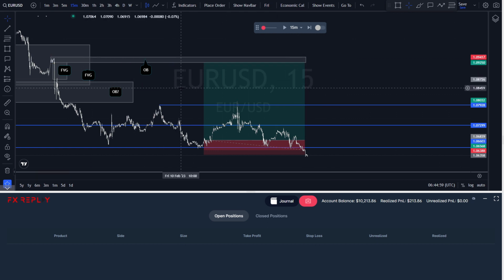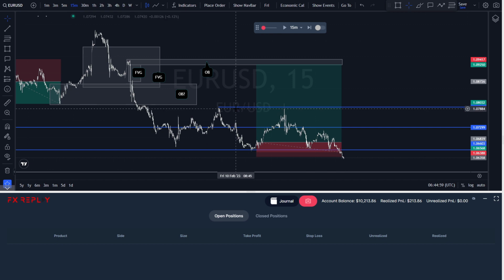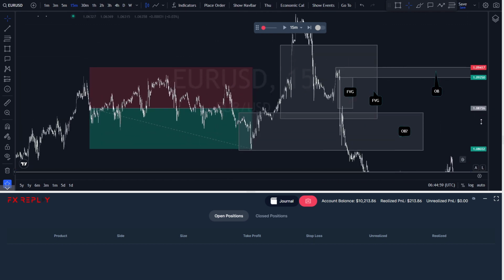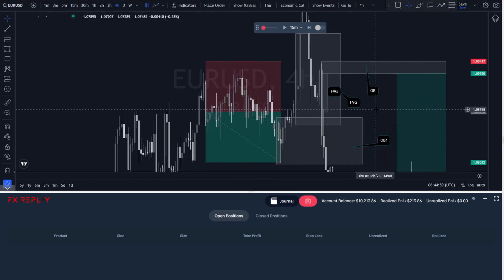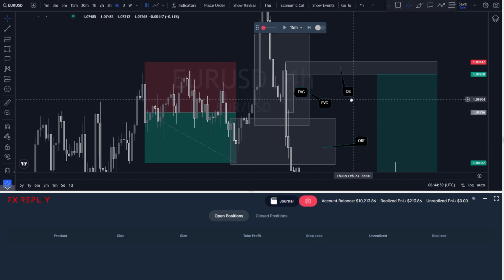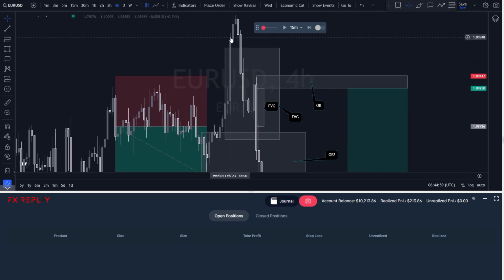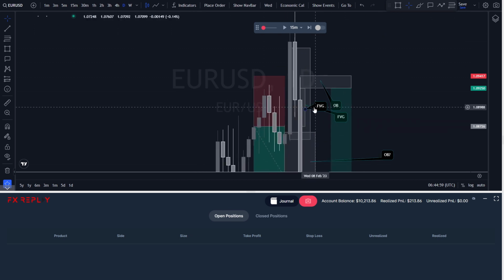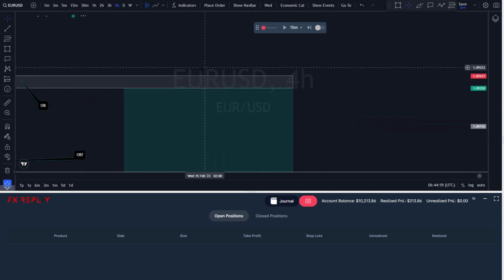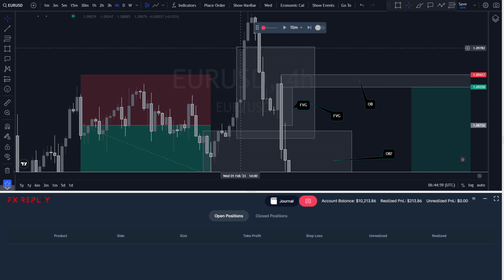And a lot of crazy things happened right before that. Right after the last trade, there was a big fair value gap. Hold on, 4 hours. Yeah, right here.